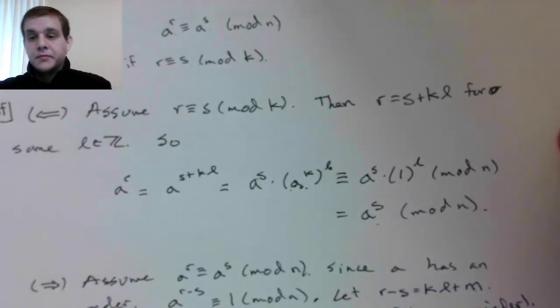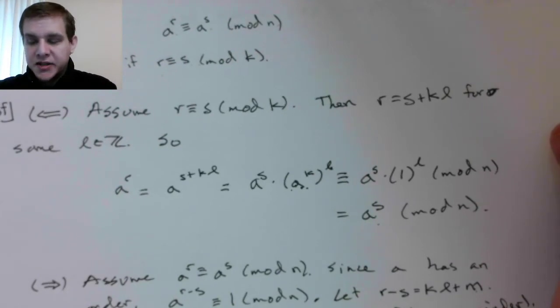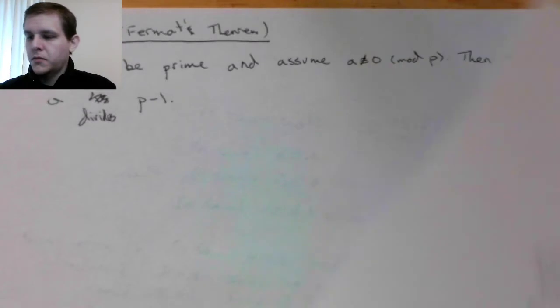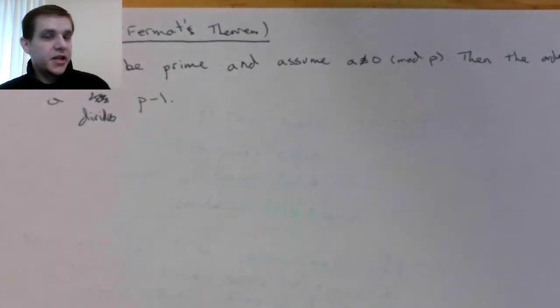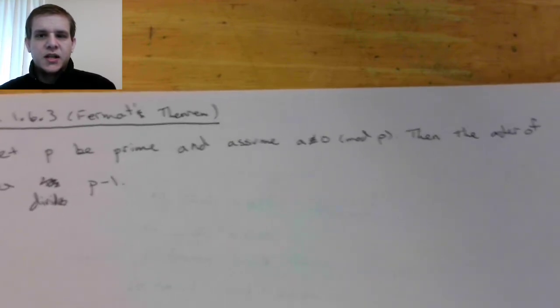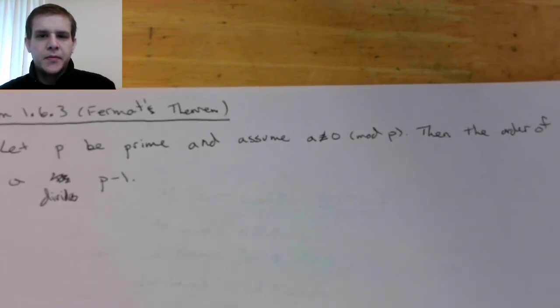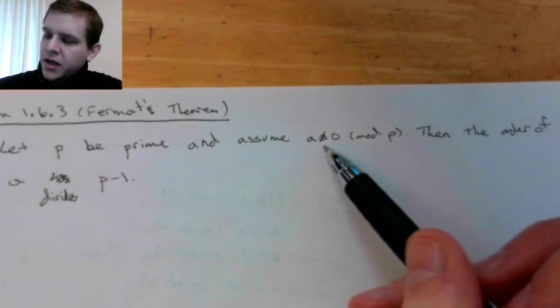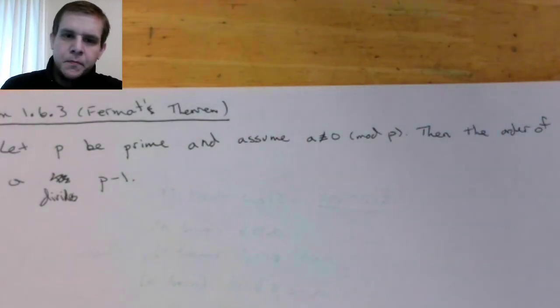Okay. So let's move on to the last theorem for the day. And this theorem has a name. It's called Fermat's theorem. So this says, let p be a prime, and assume that a is a non-zero element.